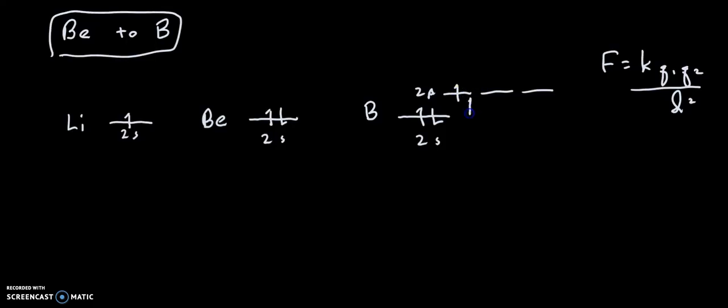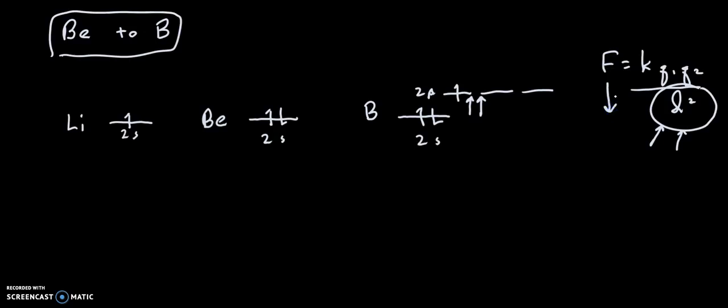The 2p sublevel is ever so slightly higher in energy than the 2s sublevel. Higher in energy means that the distance between the nucleus and the now 2p sublevel outermost electrons is slightly greater. A slightly greater distance between the nucleus and outer electrons means the force of attraction is going to go down slightly.